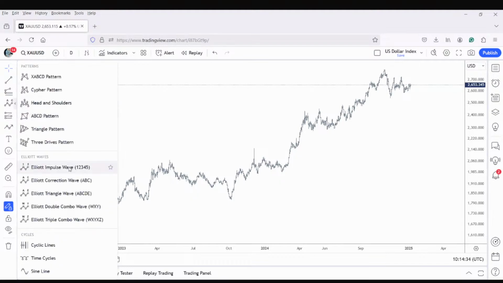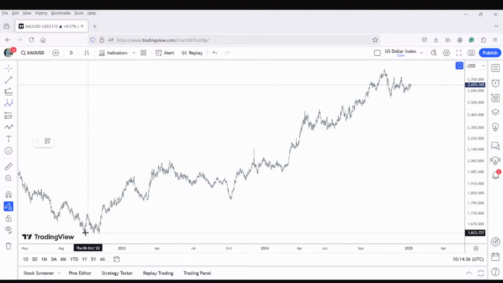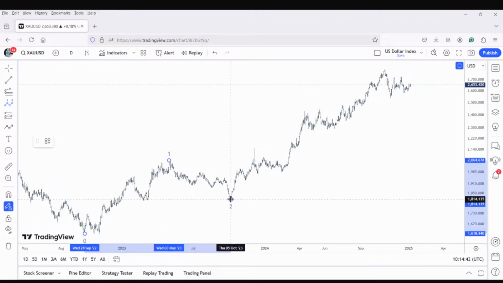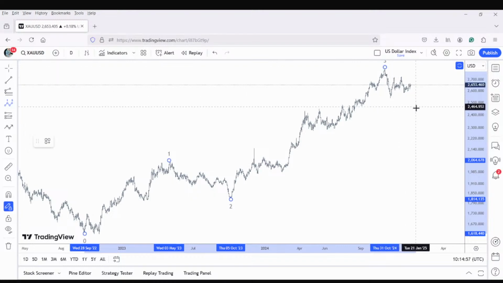It's an impulse in the making. It's still not complete. Minor wave 1, minor wave 2, classic book example of an extended wave 3, and the third of third wave also extended. Wave 4 is in the making before the fifth wave rally could resume.